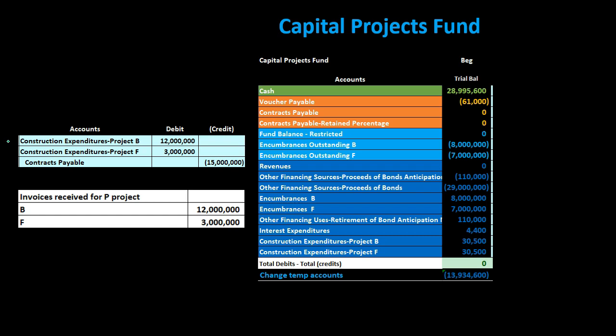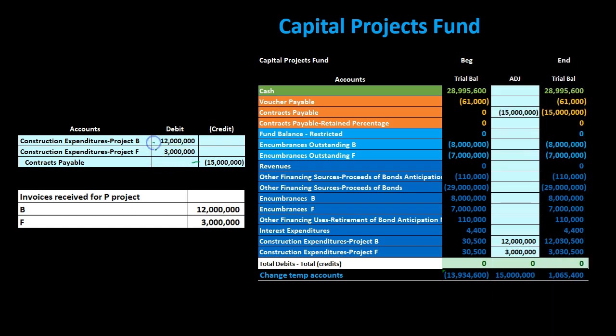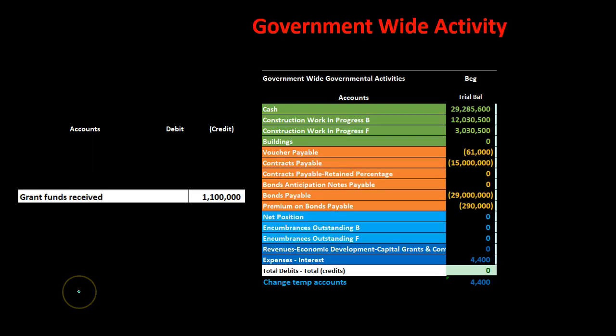We're tracking the activity, so we're going to put it to the construction expenditures for project B and F, and then credit the contract payable in a similar way that we did in the government-wide activity. So if we record this, then we've got these two expenditures. So they're going to be debits, increasing the expenditures like an expense, increasing. And then the other side going to the contracts payable, that's going to increase the liability account in contracts payable.